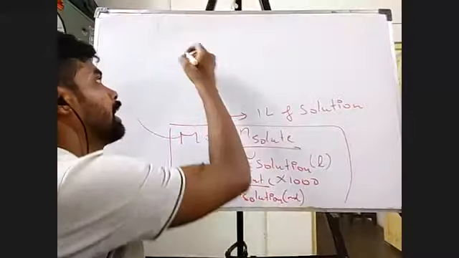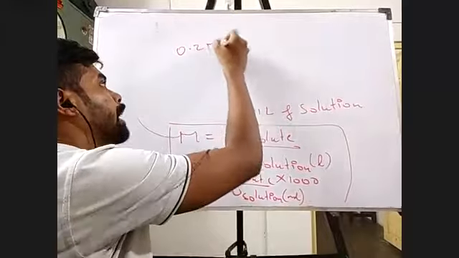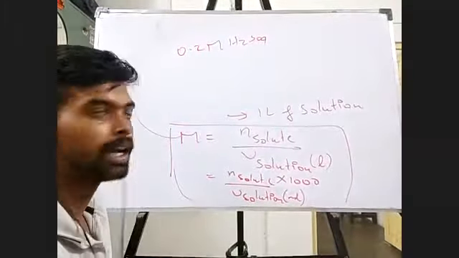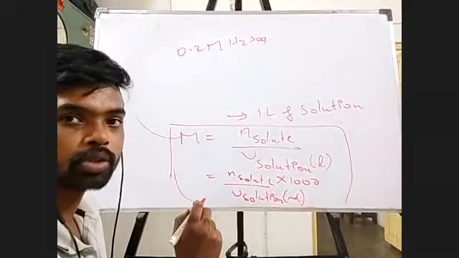I have a 0.2 m H2SO4 solution with a volume of 200 ml. So basically, I have 200 ml of 0.2 m H2SO4 solution.